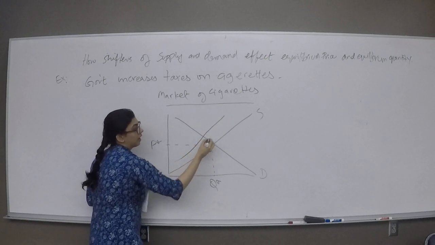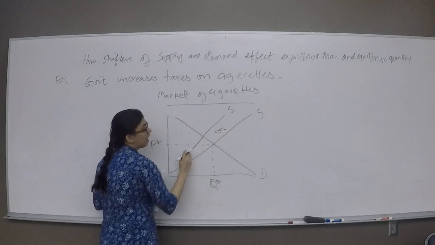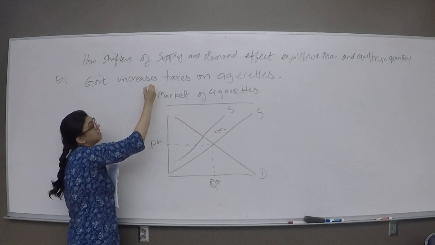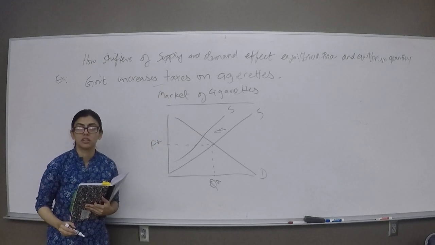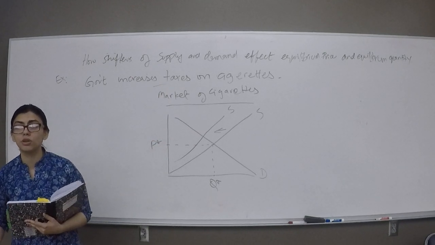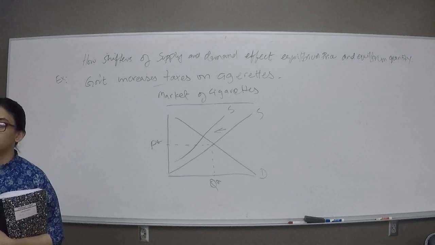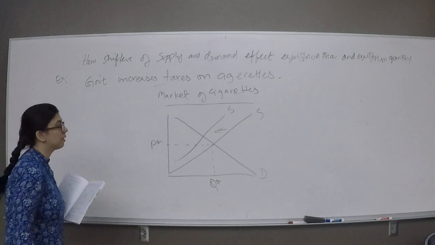This is where supply is decreasing. Why is supply decreasing? Because tax is like a cost to suppliers. Whenever you increase tax, producers are not happy. They are going to produce less now, because taxes are costly, so supply will decrease.